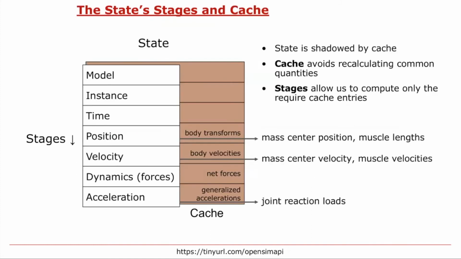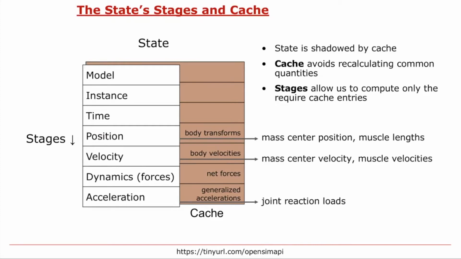The state object in OpenSim can be realized to different stages, as shown here. When we realize to the position stage, OpenSim calculates and saves, or caches, the kinematic transforms for each body. When we realize to the velocity stage, OpenSim calculates and caches body spatial velocities. By realizing to the acceleration stage, OpenSim performs forward dynamics and caches the resulting generalized accelerations. By caching these quantities, OpenSim can more efficiently compute the quantities you're interested in.